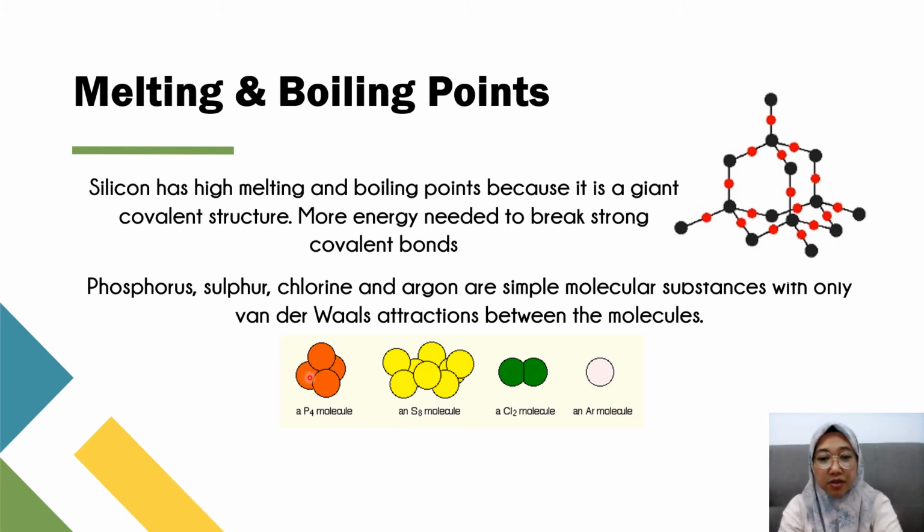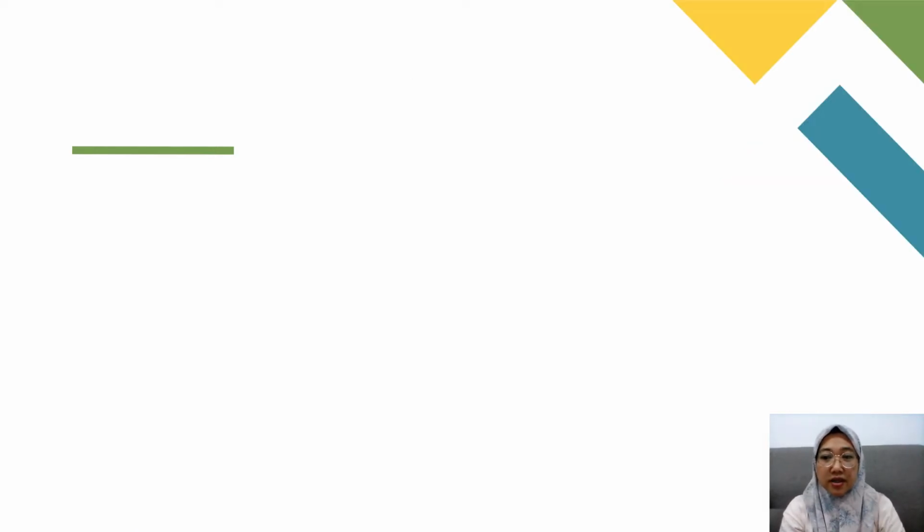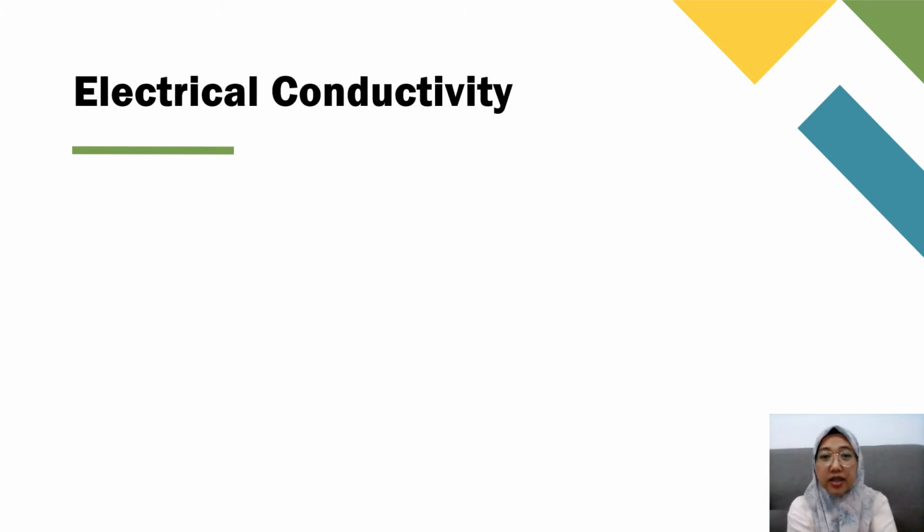Okay, phosphorus P4 molecule, sulfur S8 molecule, chlorine Cl2. Okay, their melting or boiling point will be lower than those of the first four members of the period which have giant structures.